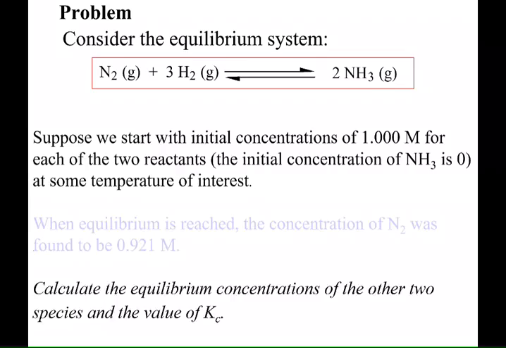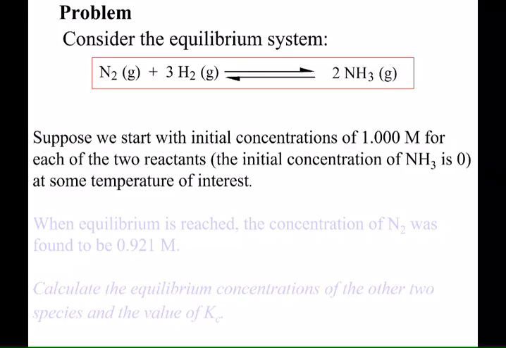The point here is to come up with the other two equilibrium concentrations and the value for Kc. So here to stay is writing equilibrium constant expressions. In this case, it's the molar concentration of NH3 squared, divided by the molar concentration of N2 raised to the first power times the molar concentration of H2 raised to the third power.